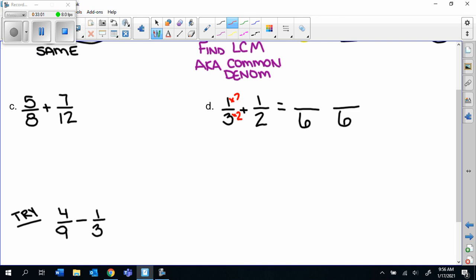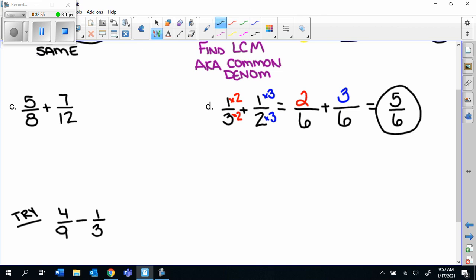So I got to multiply the top here by 2. 1 times 2 is 2. 2 times 3 is 6. So now I multiply the top by 3. 1 times 3 is 3. And because it was addition, it clearly stays addition. And so 2 sixths plus 3 sixths is 5 over 6.